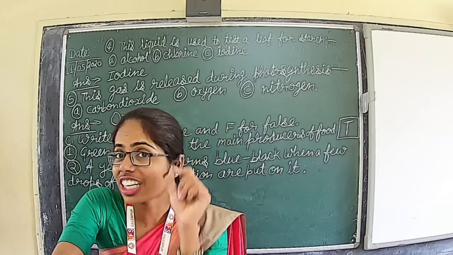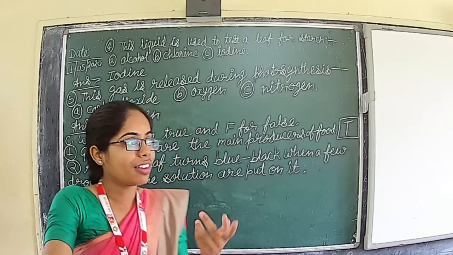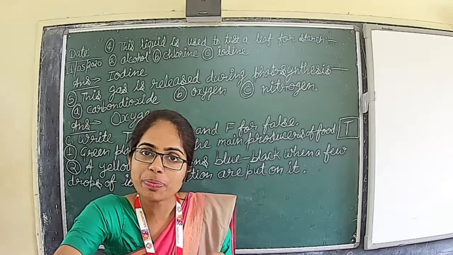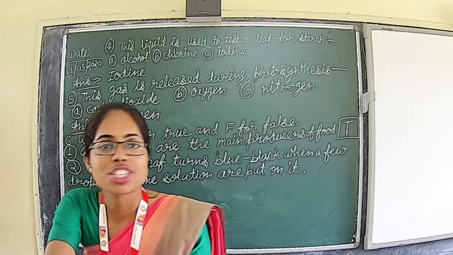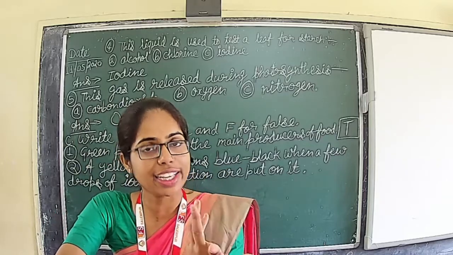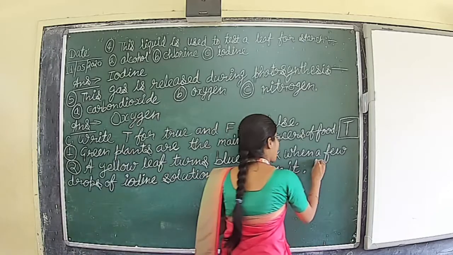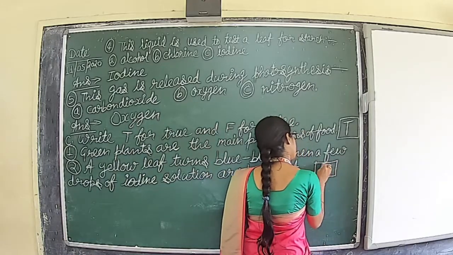This iodine solution is used only for the test of starch, no? If there is no starch, the yellow leaf will not turn into any color. So this is false. So what answer do we have to write? F.